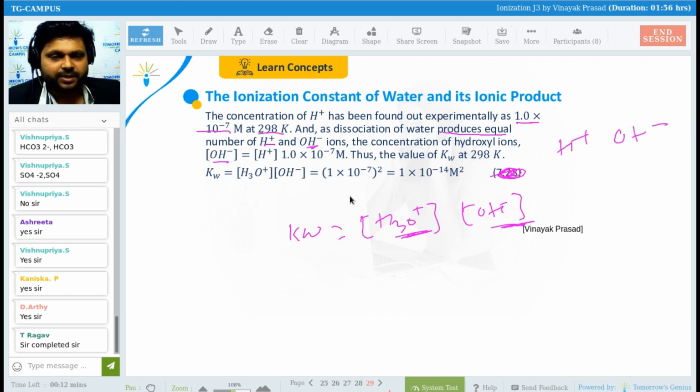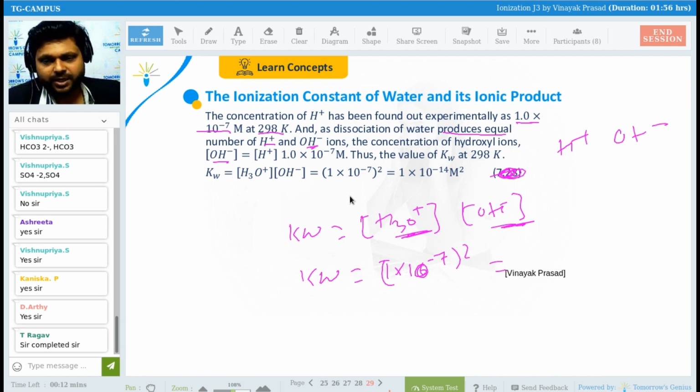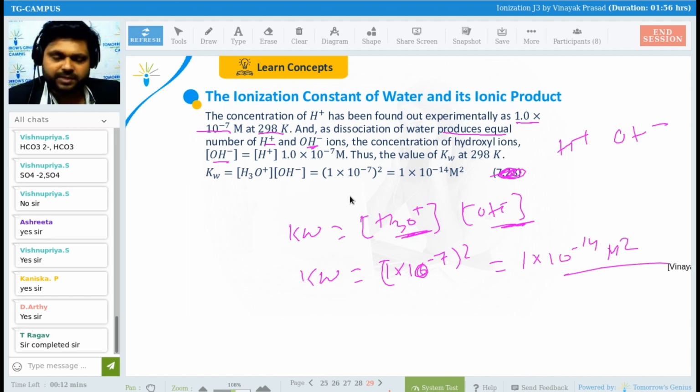So the value of Kw equals 1 into 10 to the power minus 7 into the same, which is squared. The powers multiply, so you get 1 into 10 to the power minus 14 M squared. This will be the value for Kw.